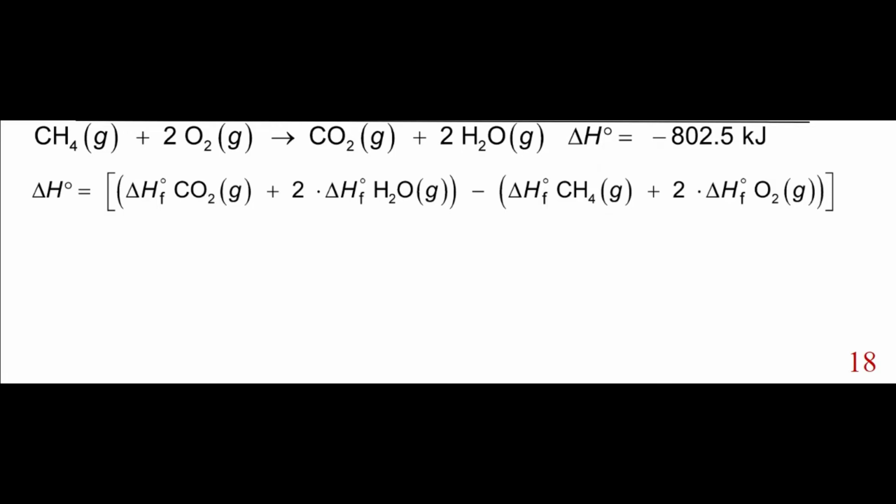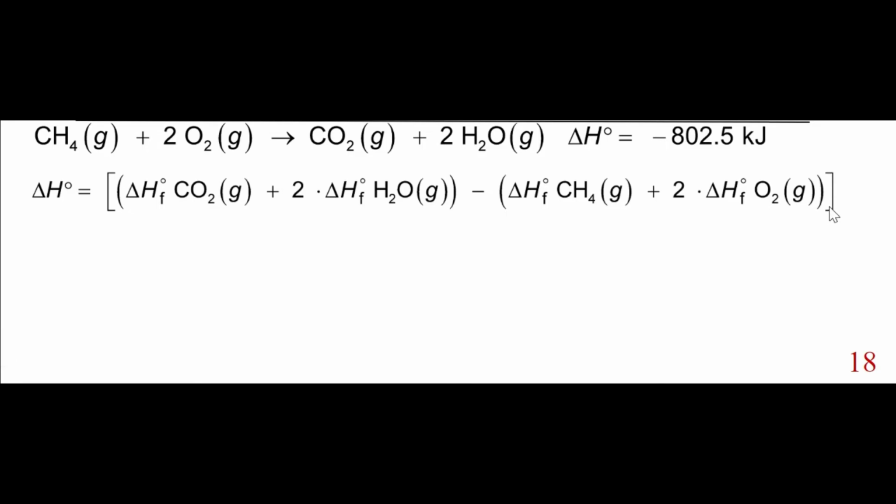Then I have 2 H2Os. Remember, this is a 2 here. So 2 times the enthalpy of formation of water, minus our reactants. In this case, I'm going to have 1 CH4, and then 2 O2s.